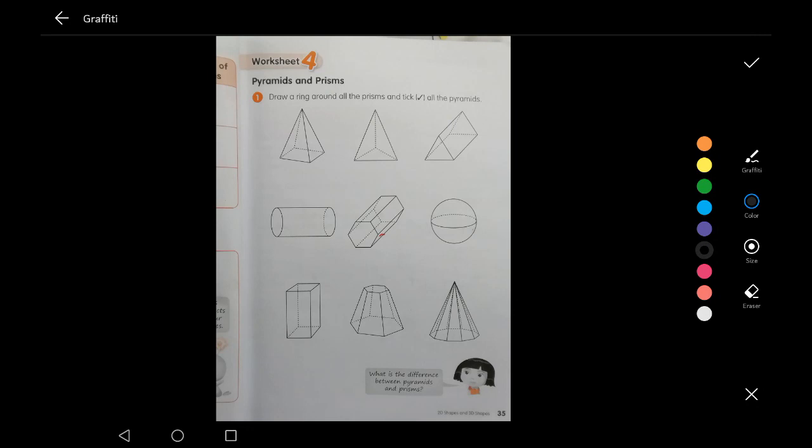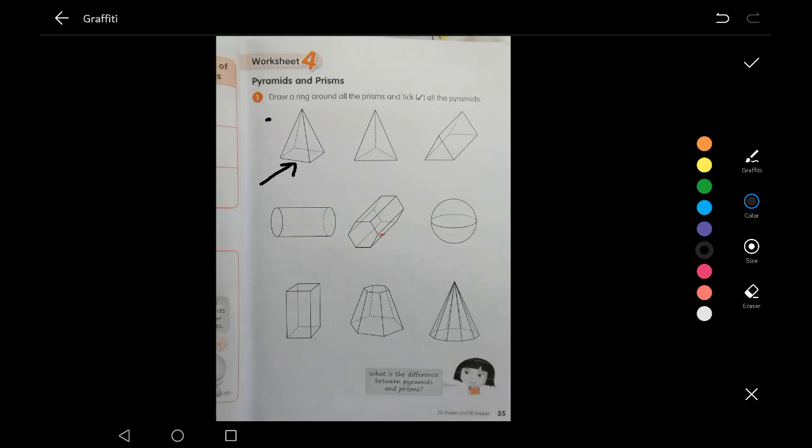So in the first shape here, this one, how many bases does it have? It has only one base. So it is square based. And what is the shape of the other faces?